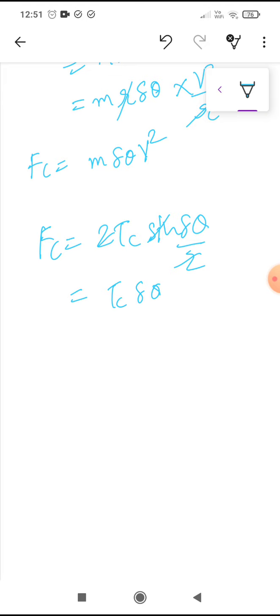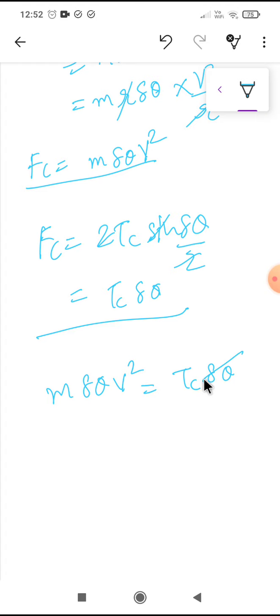Now if we compare both these equations of centrifugal force, we get m delta theta v square is equal to TC delta theta. So delta theta gets cancelled, and we are left with the centrifugal tension TC equal to m v square.